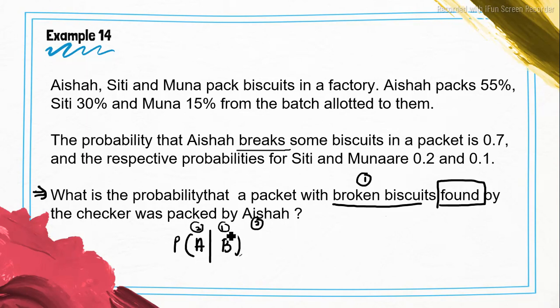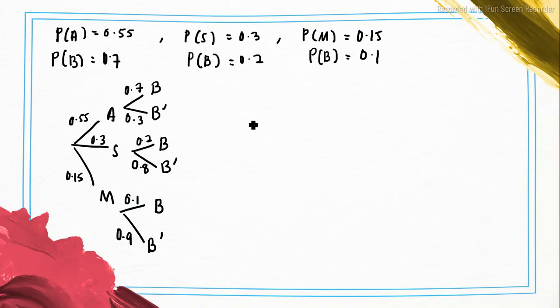Okay, so inilah dia. Okay, so kita kena buat macam ni lah conditional event kita. So P A given B. Biskut tu pecah dulu. Barulah kita tahu yang checker tu dia dapat tahu yang biskut tu dibungkus oleh Aisyah.